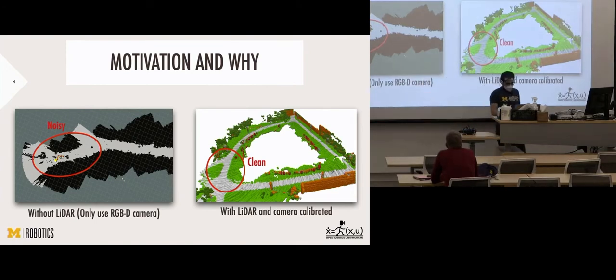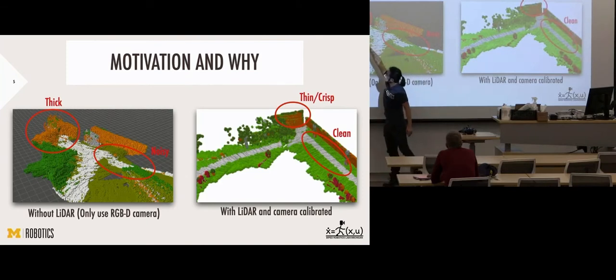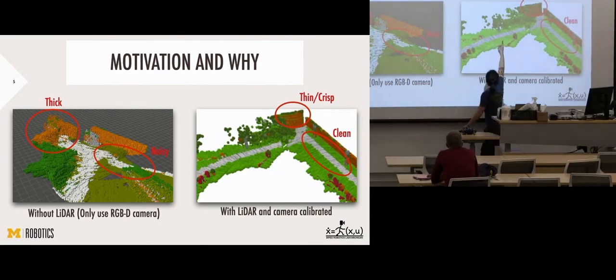Another benefit is that RGBD gives you a noisy but dense point cloud. So you can see that here's a really thick wall. On the other hand, here's pretty thin. So that's another benefit of fusing LiDAR along with the camera, and not just using an RGBD camera. So that's the reason why we want to do this project.